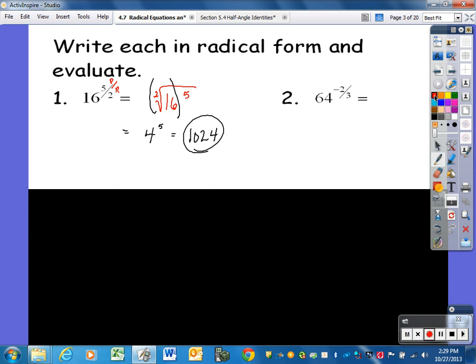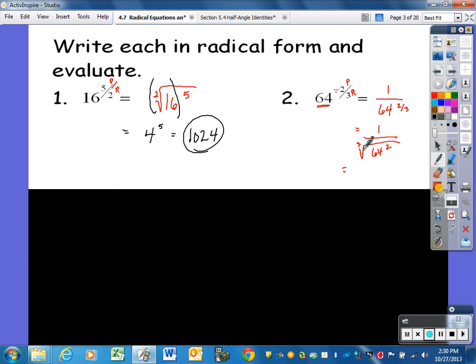So the next one, 64 to the negative 2/3. Again, it is power over root, but it is a negative, so that means reciprocal this base. That would be 1 over 64, and then I raise it to the positive power. So it is 1 over the root, base 64, power 2, root 3.